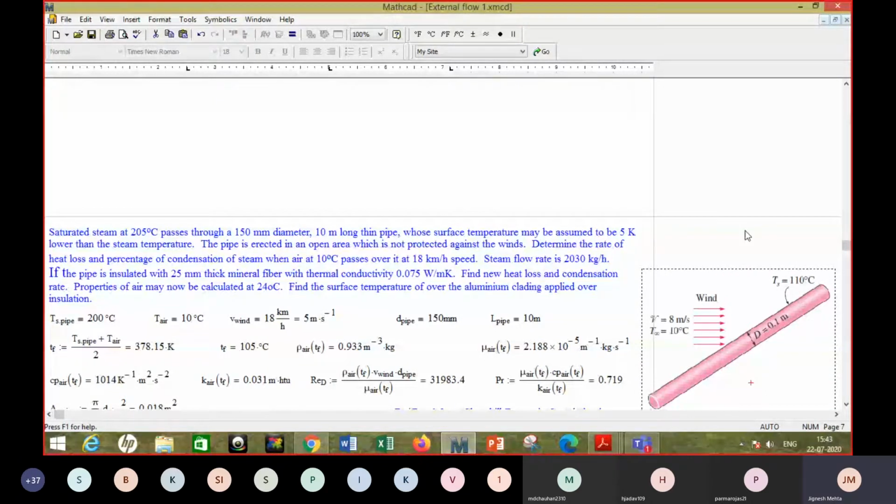Okay, now what is the surface temperature of the pipe? I have taken it as 200 degrees Celsius. In this example it is given as 110 degrees Celsius, but as per our example you should change these numbers. Now this pipe is erected in an open area, so it passes through an open area which is not protected against the winds.